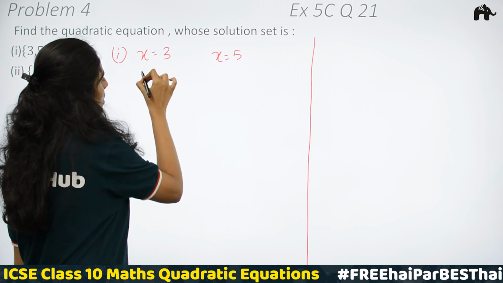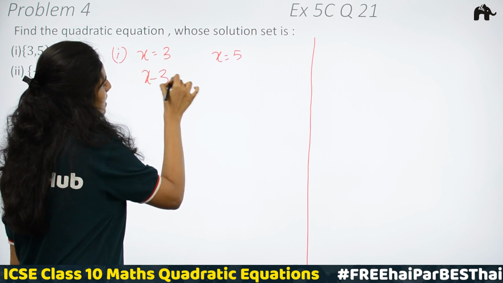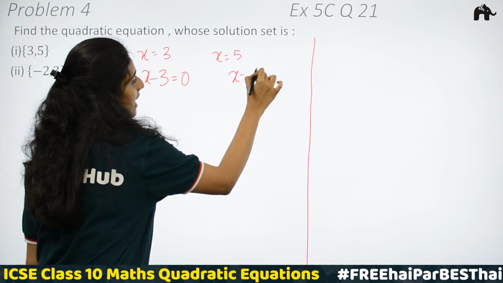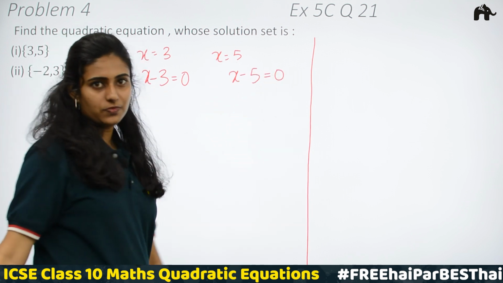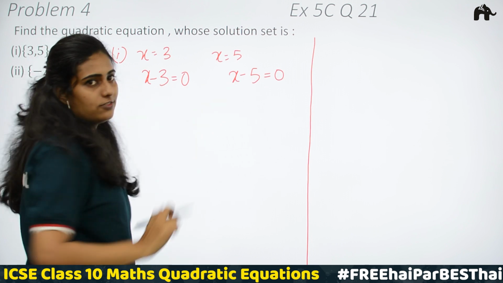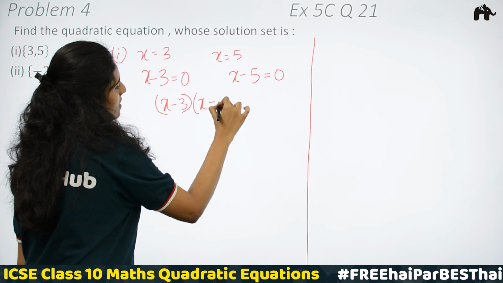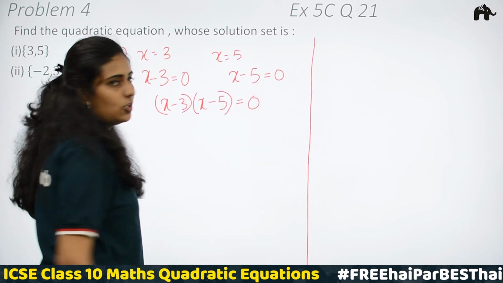If x is equal to 3, then we can write x minus 3 is equal to 0. If x is equal to 5, then x minus 5 is equal to 0. Now, take the product of these. x minus 3 into x minus 5 is equal to 0.